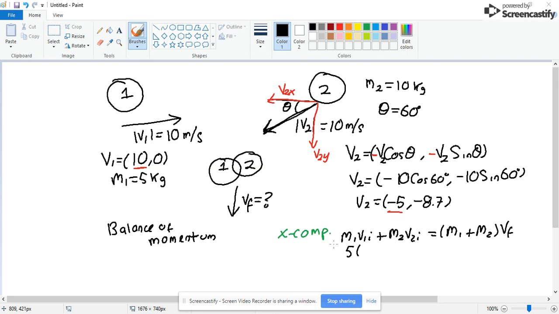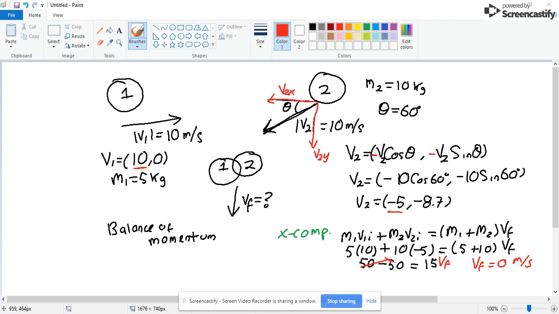So V1 is 10, plus mass 2 times V2, which is negative 5, equals mass 1 plus mass 2, the total mass, times V final. You can see that this is going to cancel out: 50 minus 50 equals 15 V final. We are looking for V final, and V final in this case is 0. So they do cancel out in the x component.